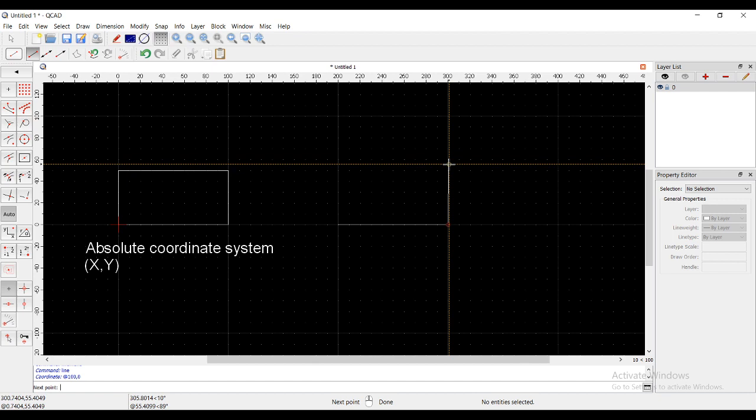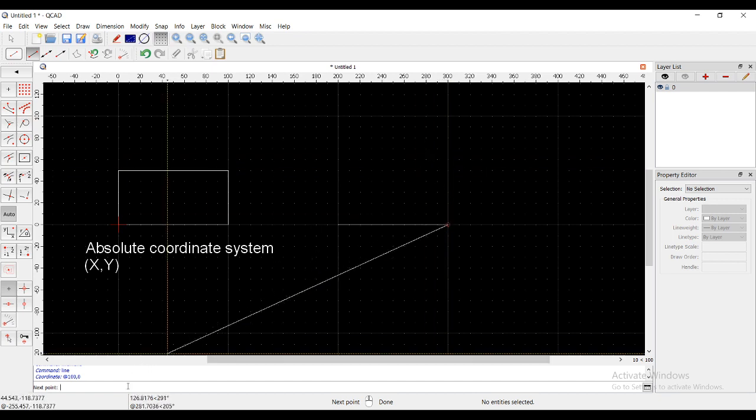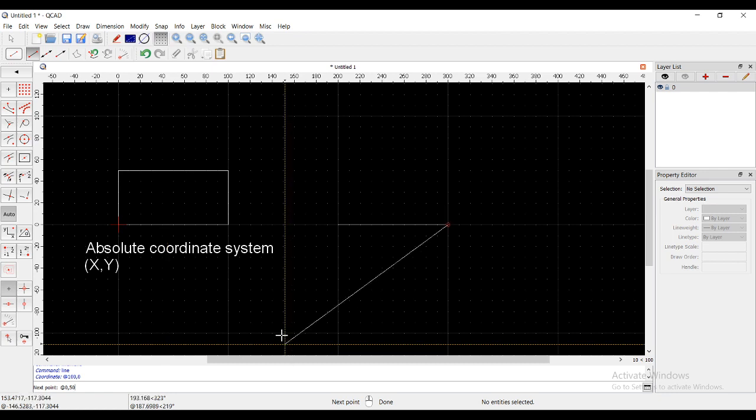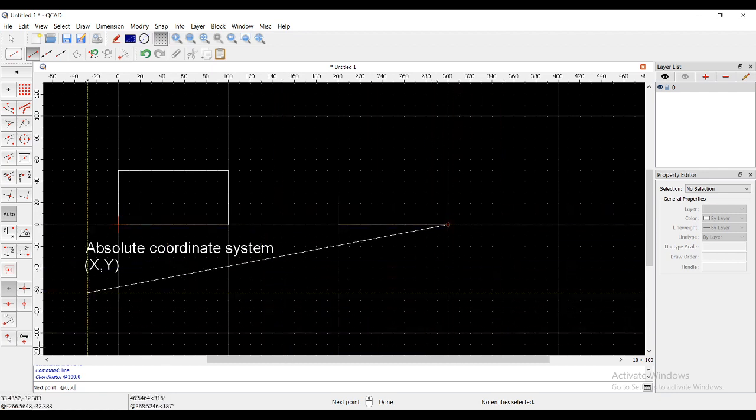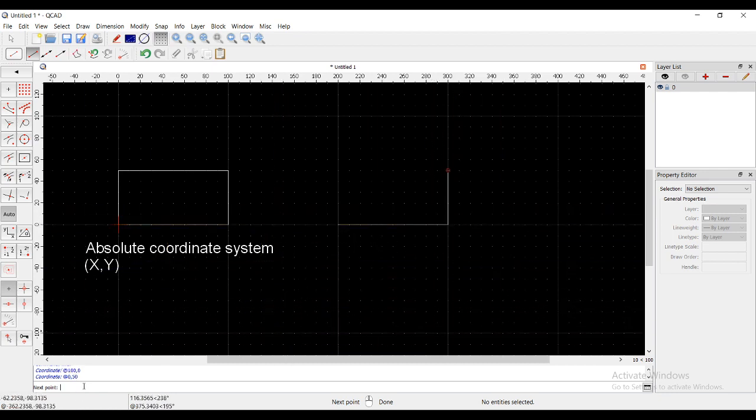Then you can have @0,50, which means no distance traveled in the x direction, and distance will be traveled in the y direction. The at sign reflects the relative system. That means my reference point changes every time. Now my reference is this new point which I have drawn, and then I will go with @-100.